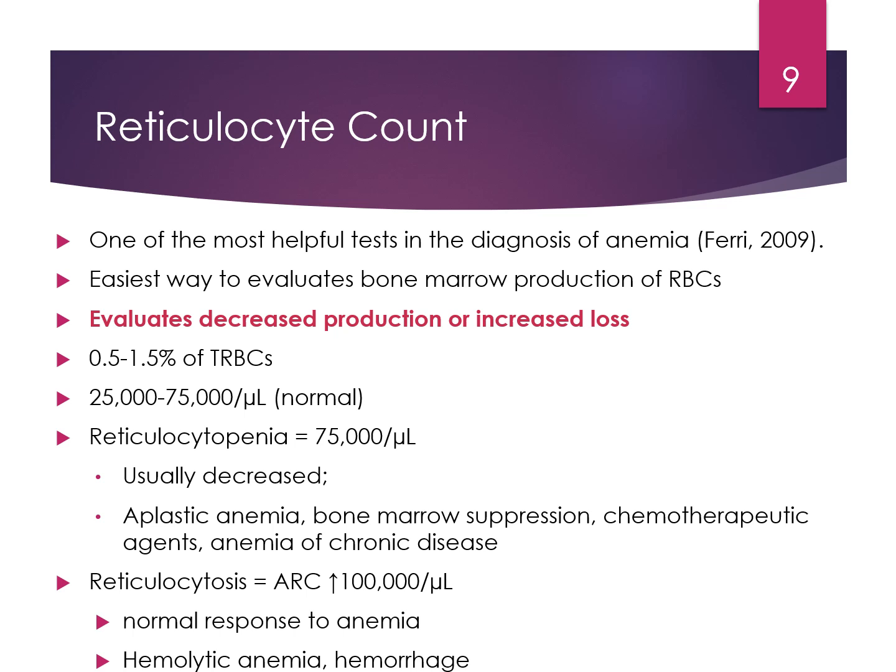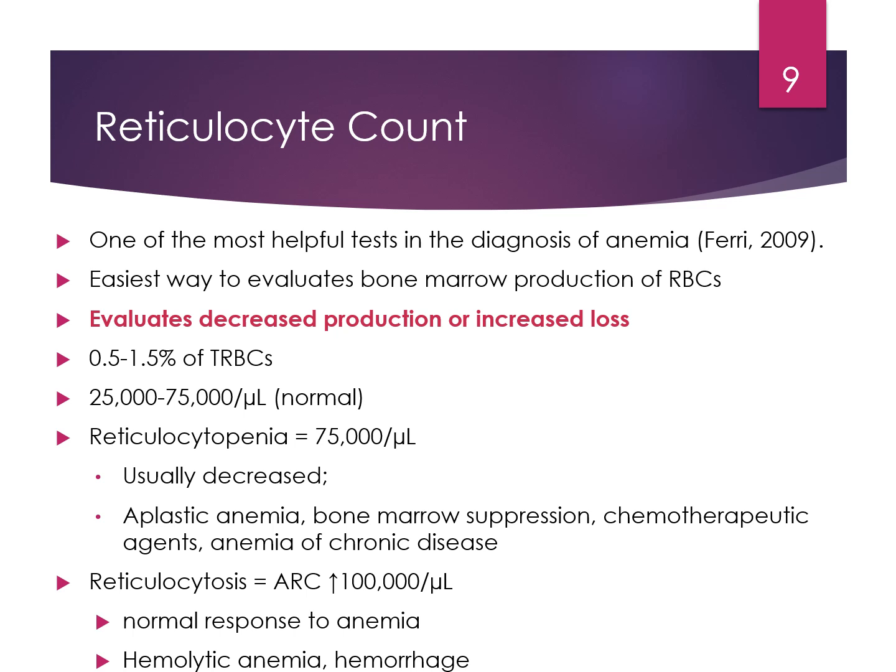What I want you to remember related to the reticulocyte count is that if the count is below 75,000 microliters, then it's considered decreased. That also is the number when we start to think that there is something going on in the bone marrow.